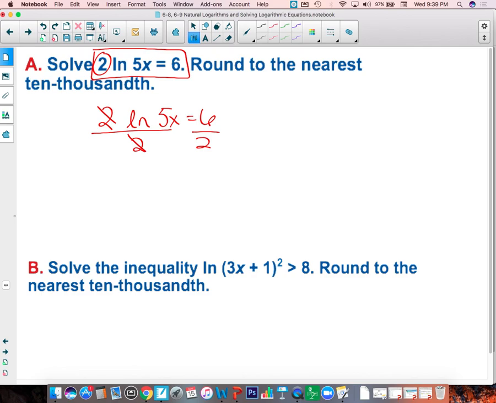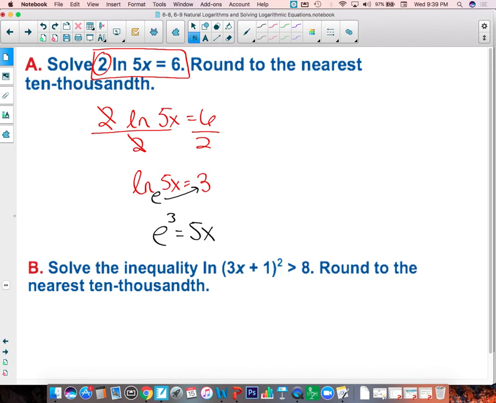So 6 over 2 is 3, and we have natural log of 5x equals 3. Now I can change it to an exponential, because natural log has a base of e, so I can rewrite this as e, that's my base, to the 3rd power, that's my exponent, equals 5x.